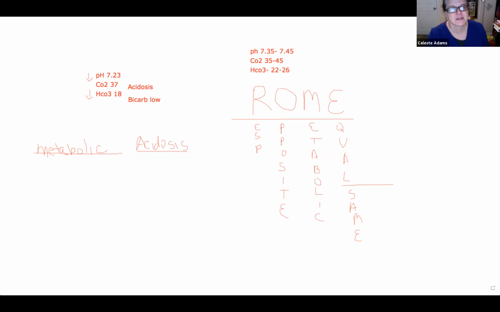Because this is going in the same, equal direction, it's going to be metabolic. Any questions? Make sense? Clear as mud?